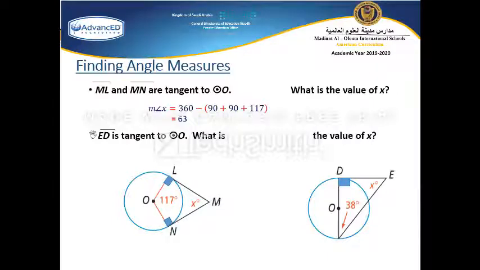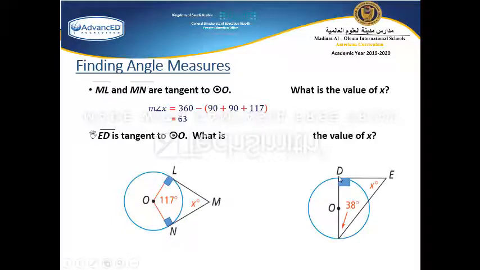The same idea in the second question. If ED is tangent to the circle O, how to find the measure of angle X? Since we have a given angle 38, and since ED is tangent to the circle, then ED is perpendicular to the radius OD at the point D. Then we have a right angle.